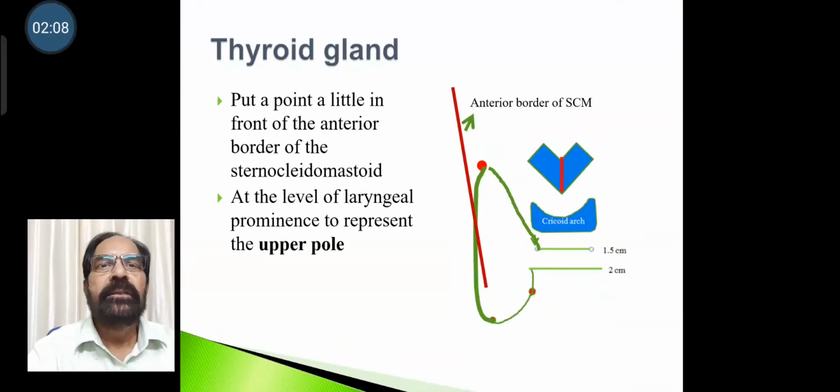Then put a point a little in front of anterior border of sternocleidomastoid muscle at the level of laryngeal prominence to represent the upper pole.